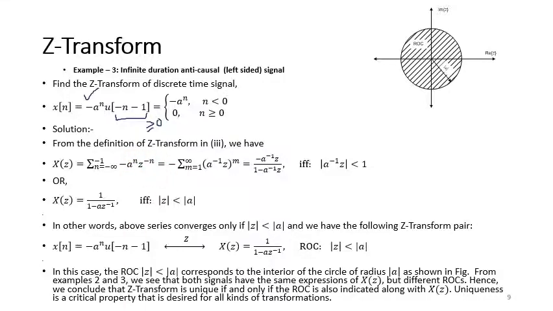Because we can write this as a into minus 1 and this whole. So I hope you understand, right? Because if you look at this one, this is a to the n, z to the power minus 1.